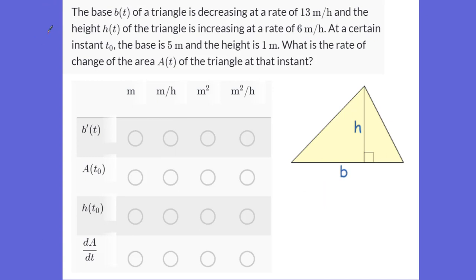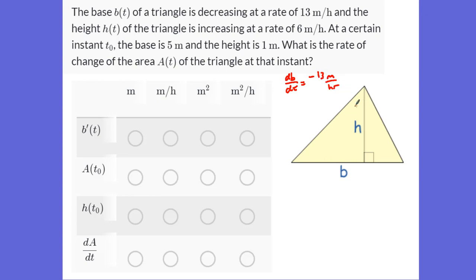You can see here we have a base of a triangle. The base is decreasing at a rate, which means dB over dt is negative 13 meters per hour.